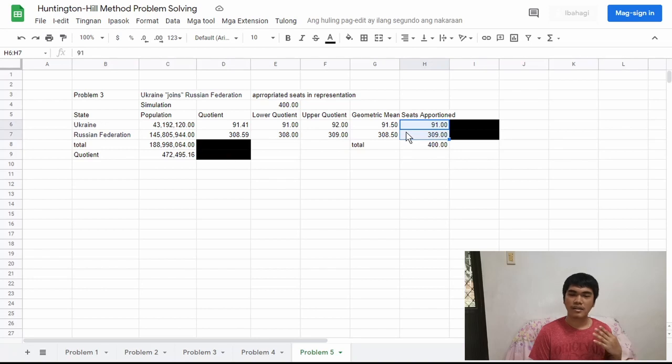The final appropriated seats for Ukraine, if it got absorbed in the Russian Federation, will be 91, and the Russian Federation got 309. So the Russian Federation gains a seat. Just to check if it is correct, we got 400 in the total, and it is correct that 400 is the appropriated seat.